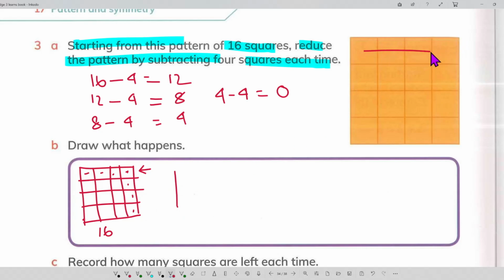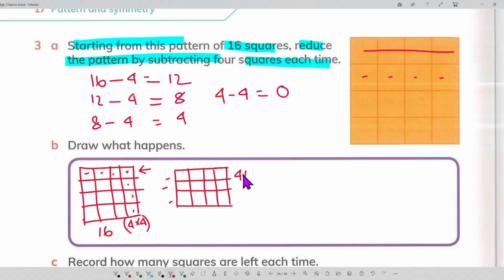It means this one out. So here will be 1, 2, 3. Then here is 1, 2, 3, 4 is okay, but here is 3. So now this one was 4 by 4, and now this one becomes 4 by 3, and here is 16 minus 4. It will be 12.